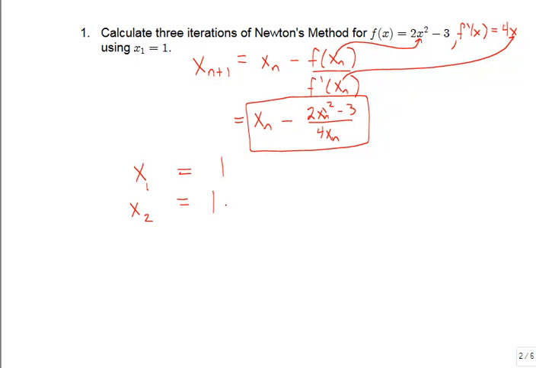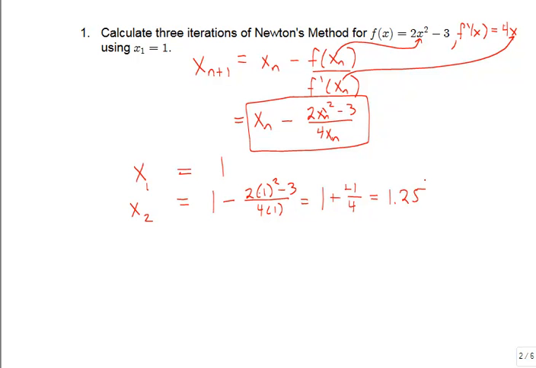So it would look like 1 minus 2 times 1 squared minus 3 over 4 times 1. So this would become 1 minus 2 times 1 squared is still a 2. 2 minus 3 is a negative 1. And 4 times 1 is 4. Minus minus becomes plus. So this is 1 1/4, which is 1.25.